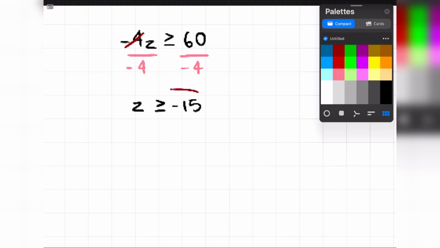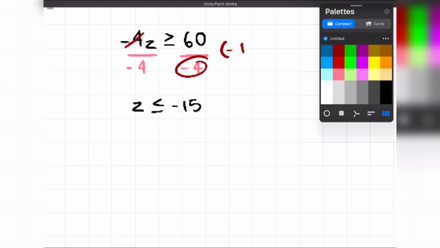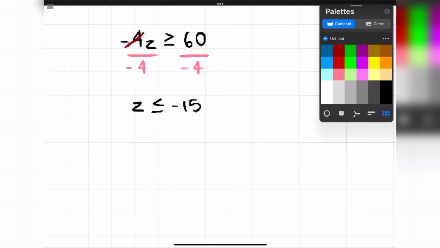So instead of z is greater than or equal to -15, you would write z is less than or equal to -15. Always remember that, whether you're dividing or multiplying by a negative number, you always flip the inequality symbol. Very important. Always keep that in mind.